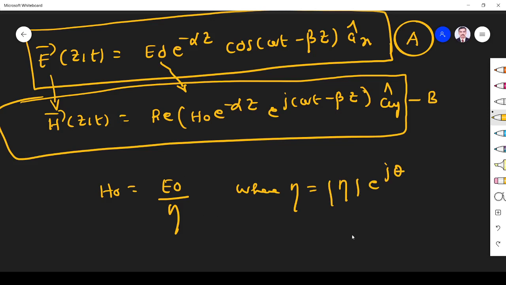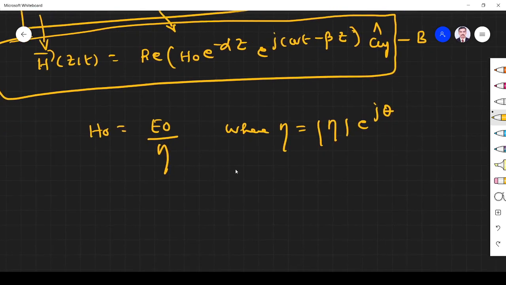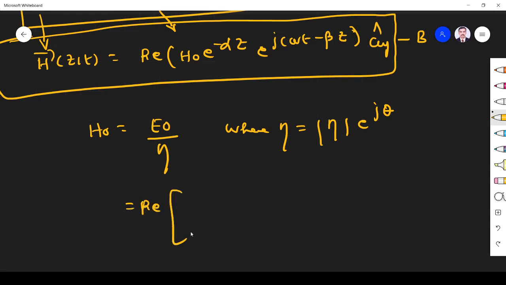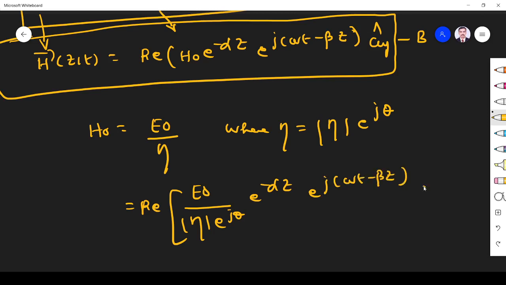Eta is a complex number, mod eta into e power j theta. Now you substitute the H naught value here. It is the real part of E naught by eta mod into e power j theta, e power minus alpha z e power j omega t minus beta z Ay vector.